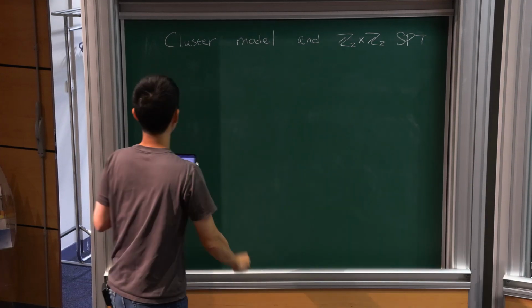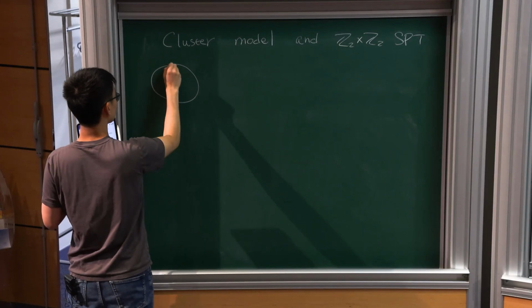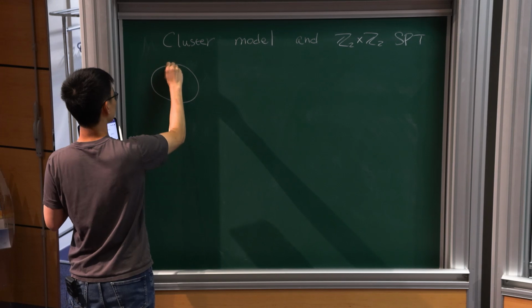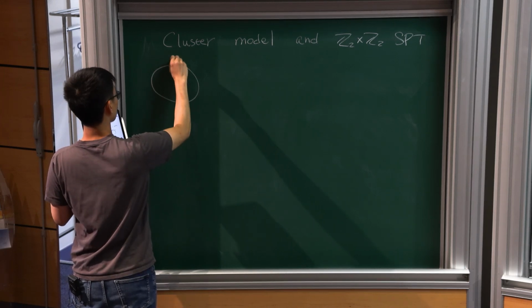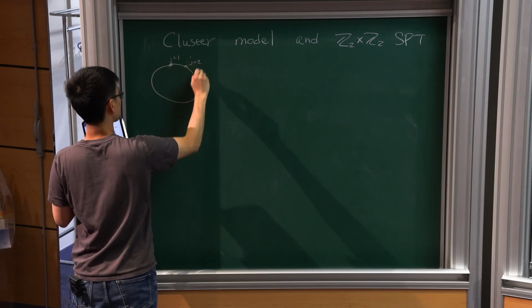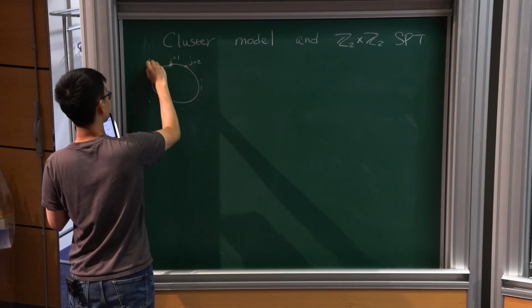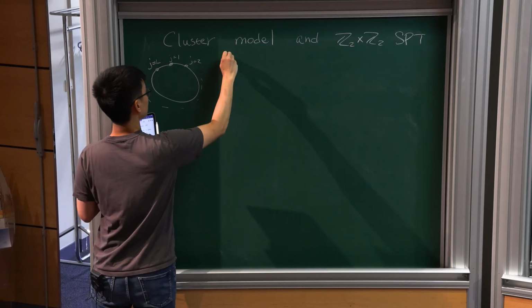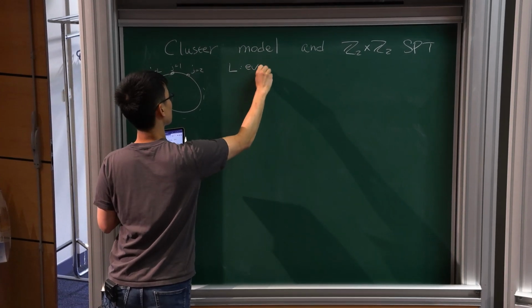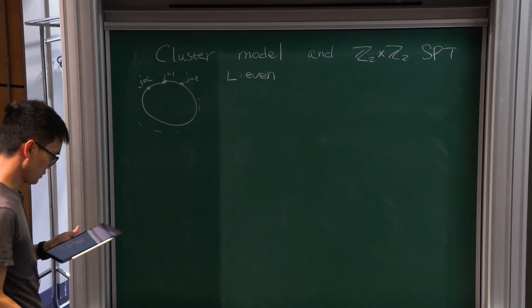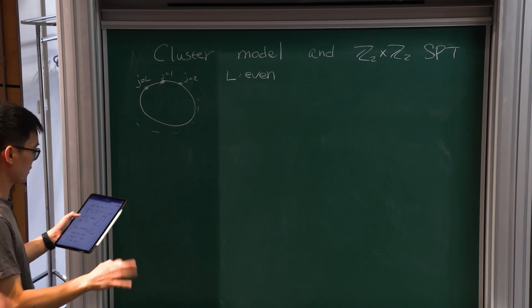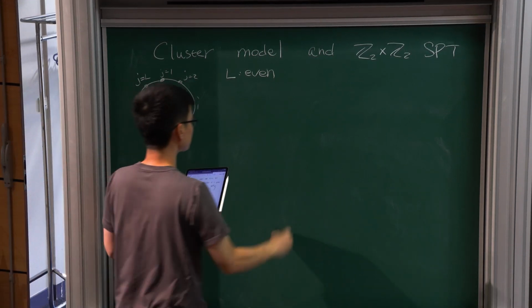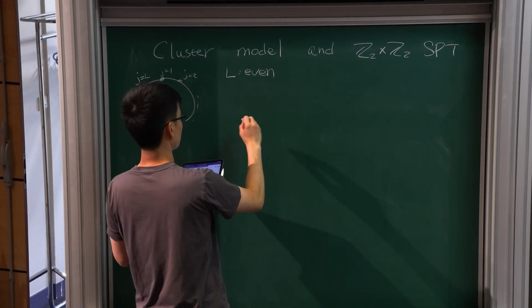So the setup is again a periodic chain with L qubits. But this time I'm going to assume L to be even. For simplicity, when L is odd, it corresponds to the problem with a defect. Let's not get there. And let's consider two Hamiltonians.